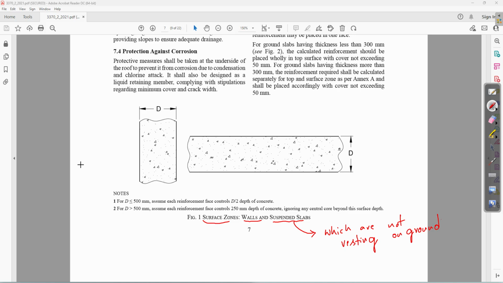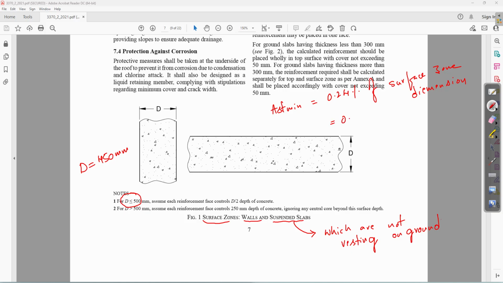So in our case, depth of wall is 450 mm, which is less than 500. So assume each reinforcement face controls D by 2 depth of concrete. So in this case, AST minimum is calculated as 0.24% of surface zone dimension.